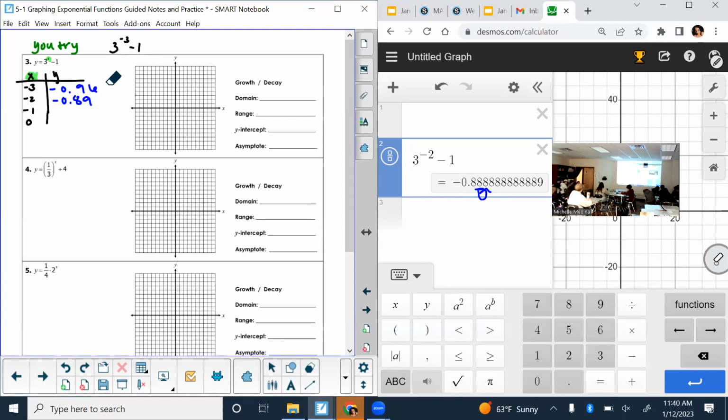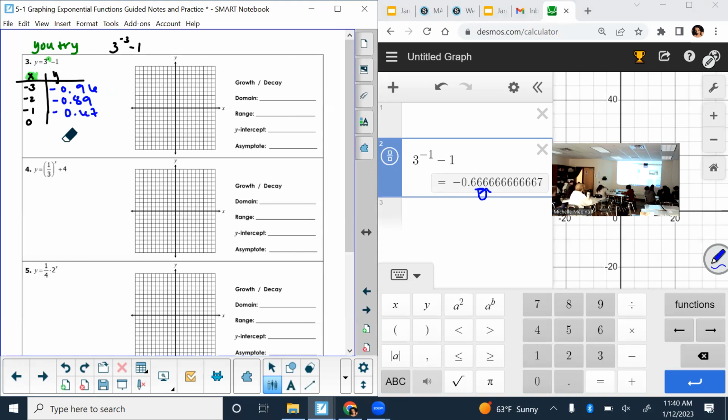Table 4, what would be the y when x is -1? All right, let's see. And then we'll keep it rounding to the second spot, so -0.67.